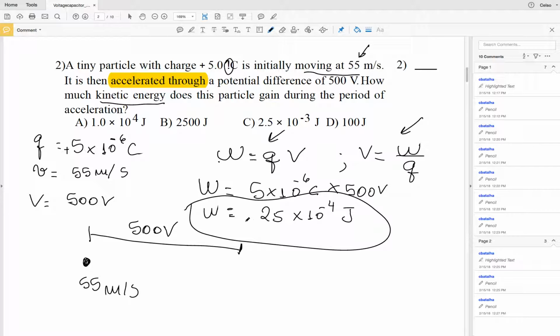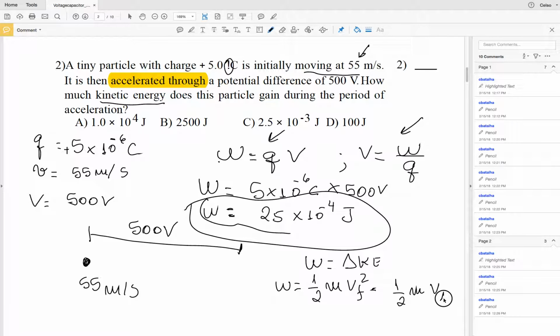So according to the work kinetic energy theorem, this work that is given to this particle is equal to the change in kinetic energy of that particle. Okay? So this work is going to be given by half the mass of that particle times the final speed squared, minus half the mass of that particle times the initial speed squared.